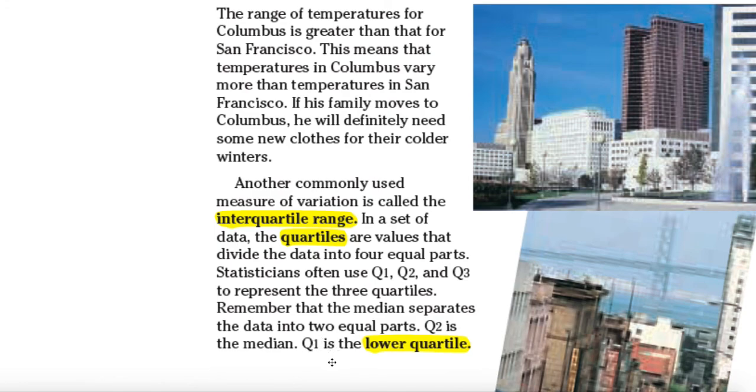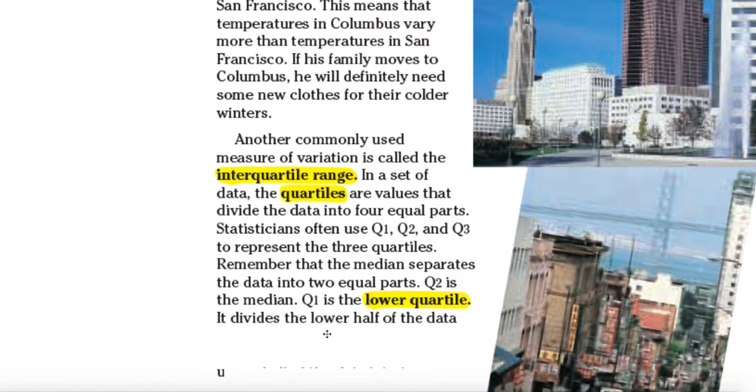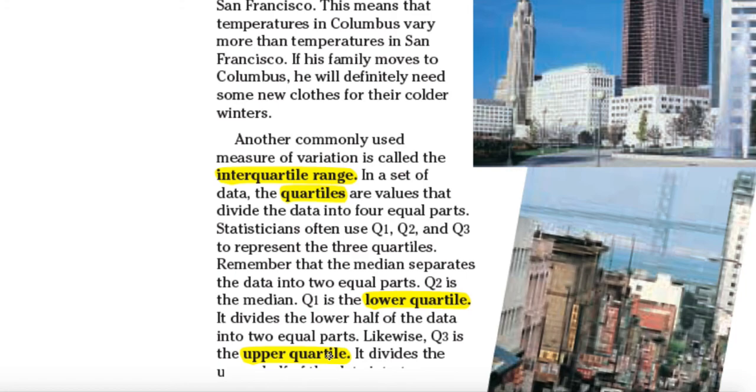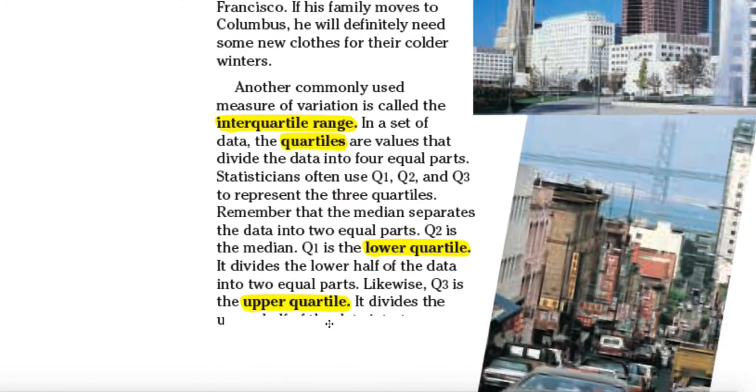Q1 is our lower quartile, and it divides the lower half of the data into two equal parts. Likewise, Q3 is the upper quartile, and it divides the upper half of the data into two equal parts.